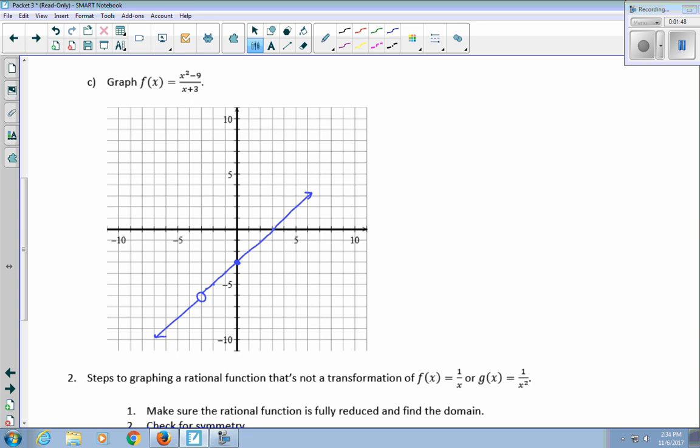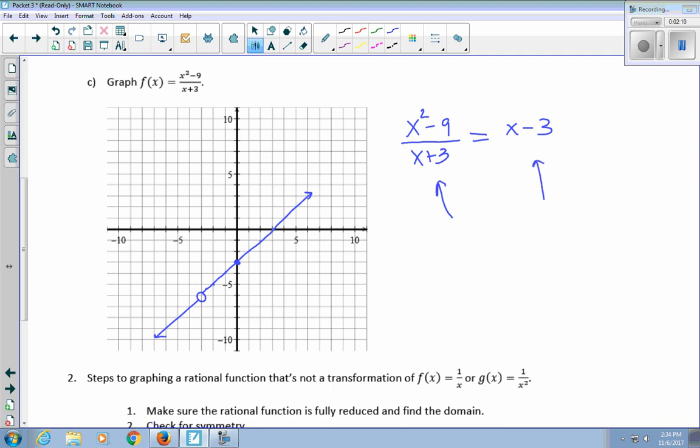So it's often hard for people to wrap their heads around, and this is how I try to explain it. So x squared minus 9 over x plus 3 is equal to x minus 3, right? These are equivalent functions, except this one you can't plug negative 3 into, and this one you can, right?